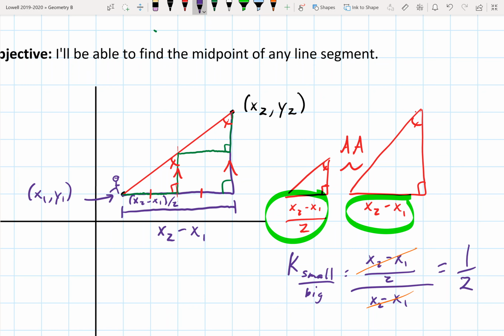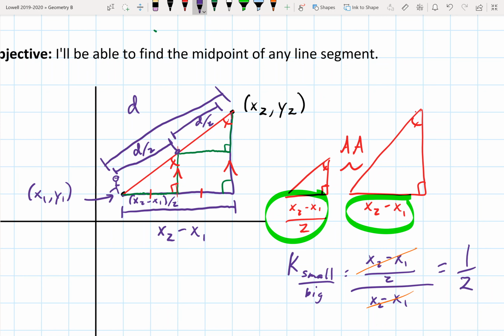This is really handy, because now we know that this distance right here, which I'm just going to call d for now, although we do know exactly what it is using the distance formula, this length right here is actually half the distance. And if that's half, then the remaining piece must also be half, d over 2. What does that mean?